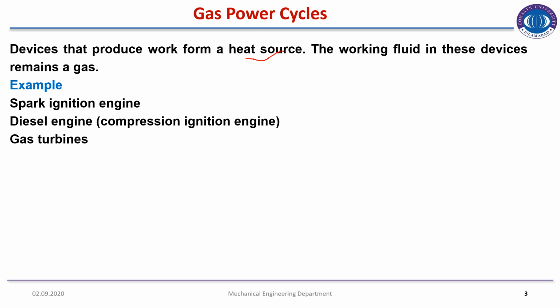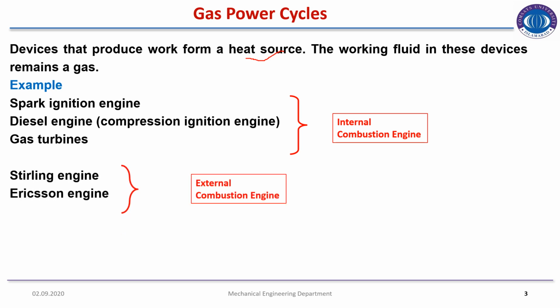In gas power cycles, as we have discussed previously, the working fluid in these devices remains in the gaseous phase. Some examples are the spark ignition engine, diesel engine, and gas turbines. We have two types of combustion engine: internal combustion engine and external combustion engine.